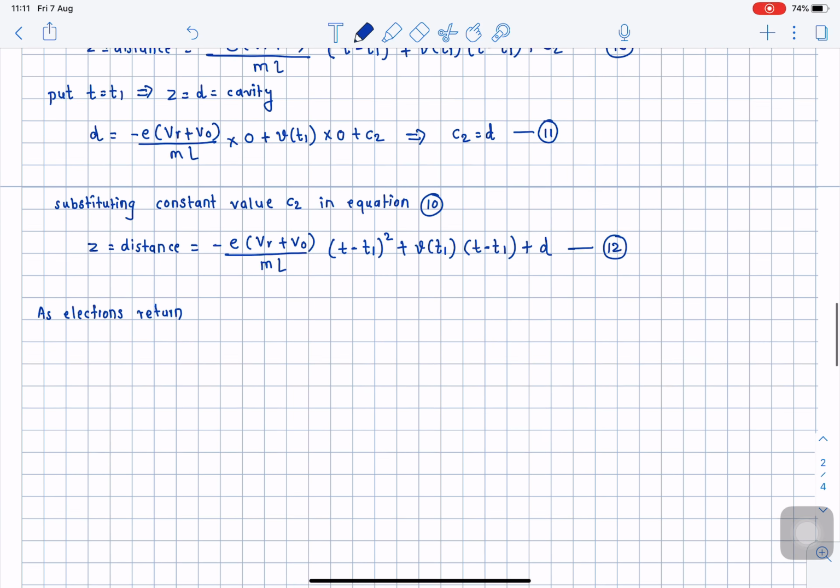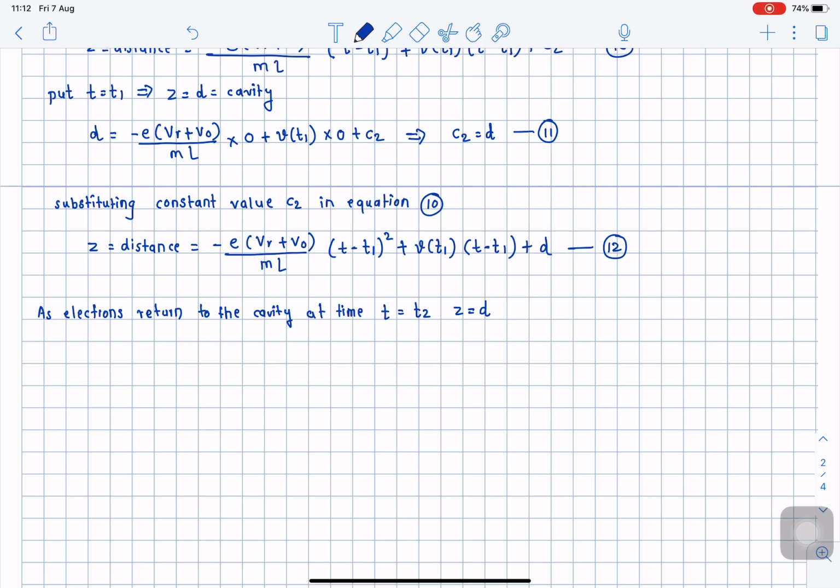So here I write, as electrons return to the cavity at time t2, they will return back to the cavity at time t2. So here this particular time I will denote t is equal to t2. Okay, at that time the z is equal to again d.